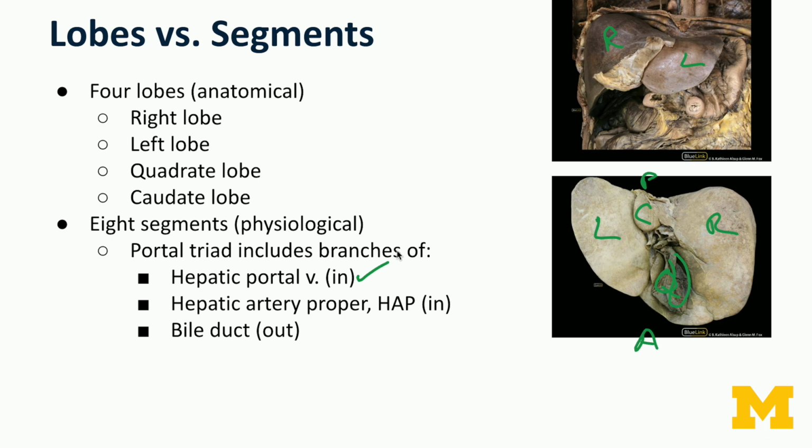Blood in from the hepatic artery proper, or the HAP. So that's a branch of the common hepatic artery from the celiac trunk. So 2 sources of blood coming into the liver. And then bile, which is produced in the liver and leaves through the biliary pathway down to the major duodenal papilla so that it can work in the midgut.